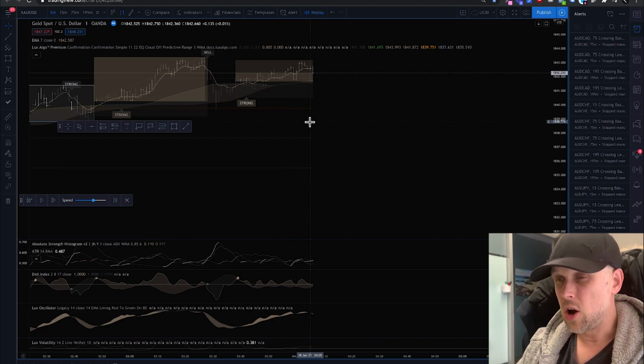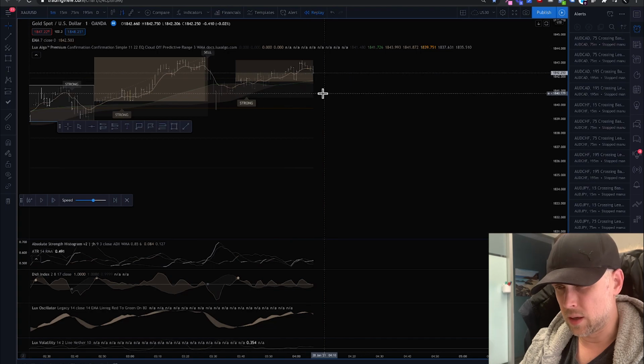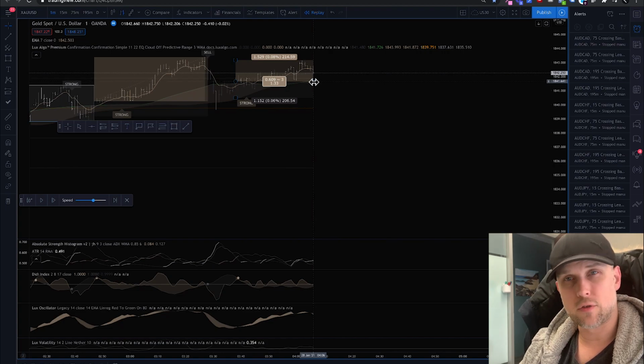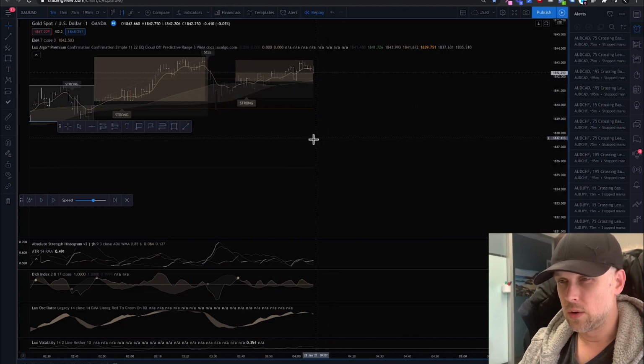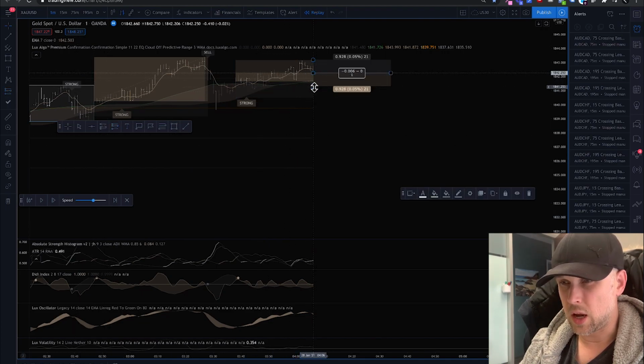Now we've got strength. Oscillator's flipped. So either way, we're closing this trade at this point because we've got 1, 2, and 3. We have 3 confirmations saying it's a down. So we're going to close this trade and we're going to reverse it. Because that's what we do when we scalp. We're like, hey, it's going the other way. Let's take advantage of that.